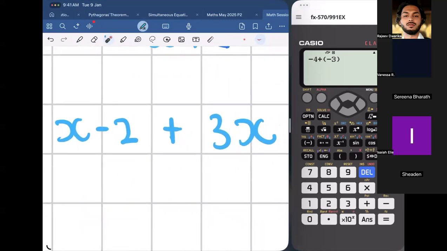What are the like terms over there? X. I'm waiting. So x and 3x. So yeah, you're supposed to move across x as well.